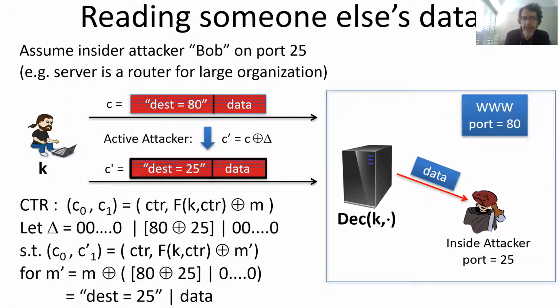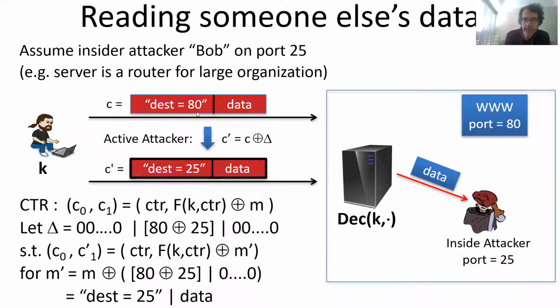So that's the same as taking F_K of counter and XORing it with an XOR between the message and this stuff. So that's your new message M prime. It's the message XORed with this shift. And the shift was hacked so that at the position of the port, you took byte 25 XORed with the byte 80.